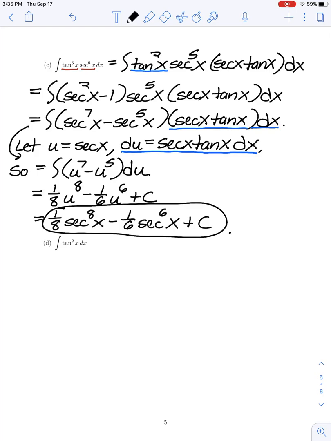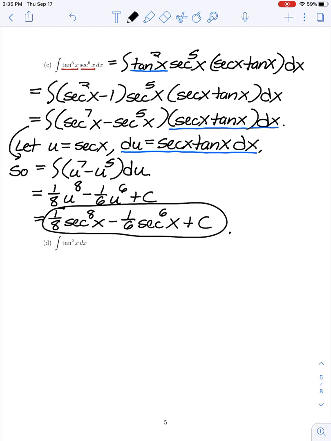But then what makes that a little more difficult is you would have something of the form 1 plus tangent squared x, quantity squared, which you would have to expand. So your answer gets a little bit messier if you use that approach. However, using that approach would yield an answer that is equivalent to the one that we found here.